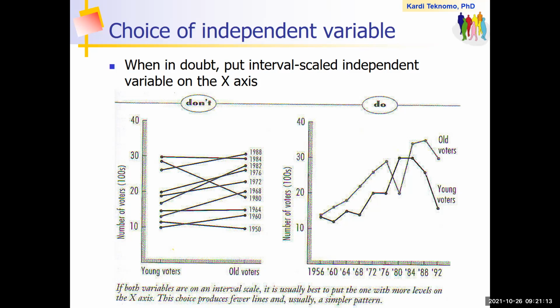So you have two independent variables: one is the young or old voter, the age, and the other one is the year. In that case, put the year at the bottom. Why? Because the year represents numbers, interval scale.